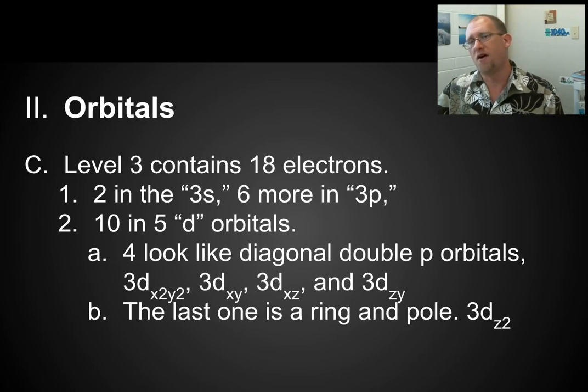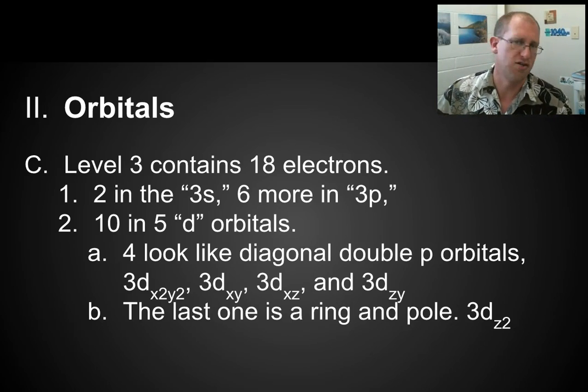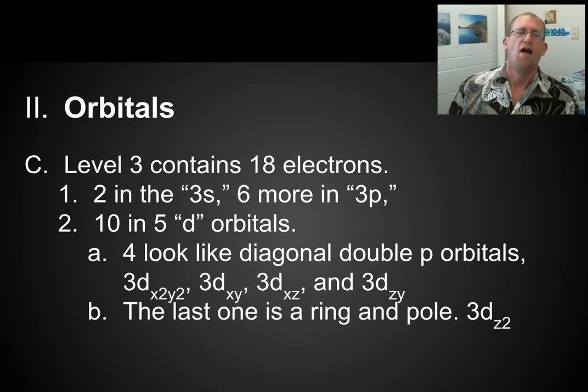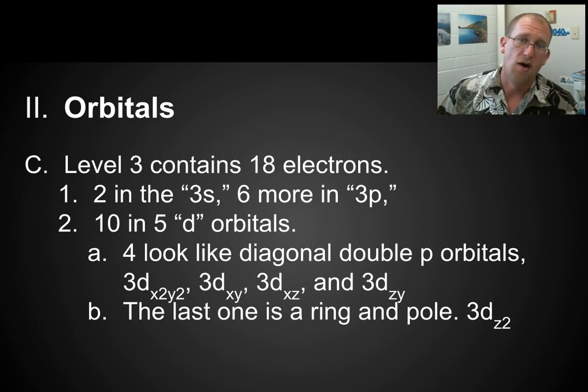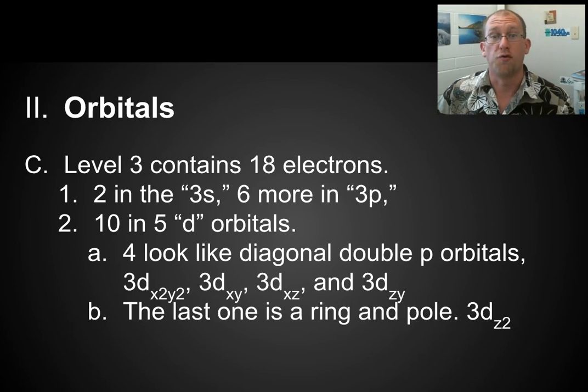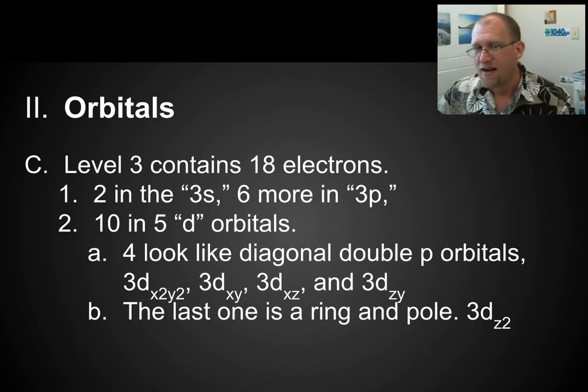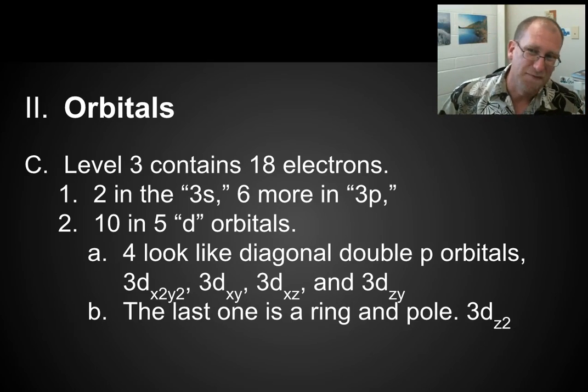And because they're on diagonals, we named them not just the axis, but the axes that they're between. Sorry. So the d orbitals are called 3d x2-y2, 3d xy, 3d xz, and 3d yz.